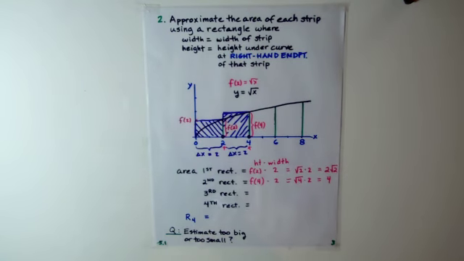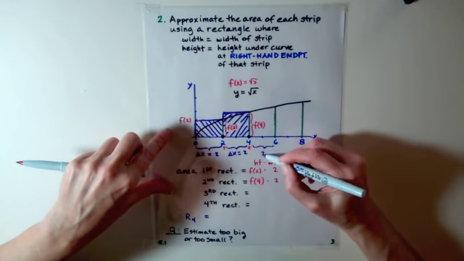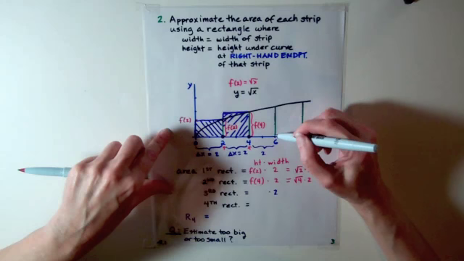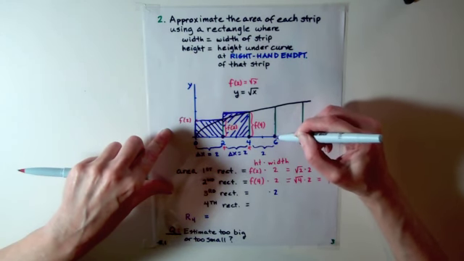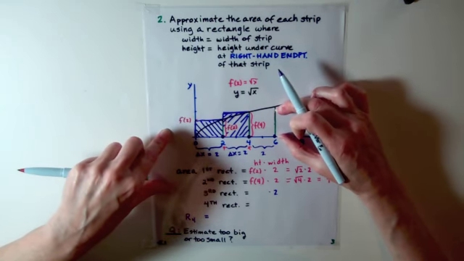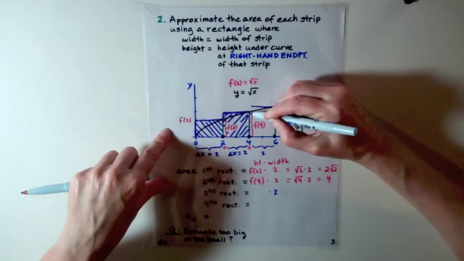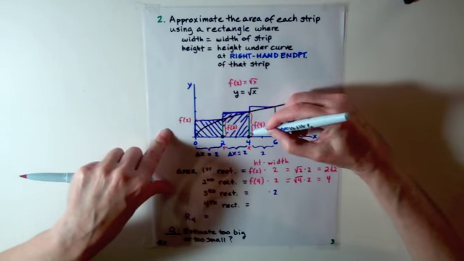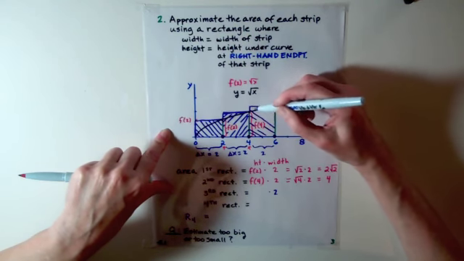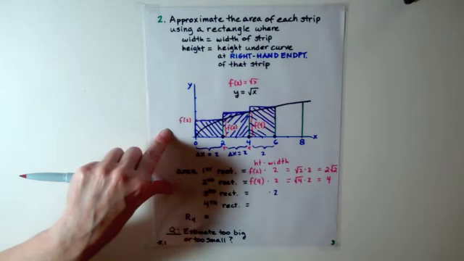And I just repeat this for the last two strips. So for the next strip, I again have a width of 2, and I choose the right-hand endpoint to create the height of my rectangle. So my rectangle is going to have the same height as this green line underneath my curve. And I get a purple rectangle that looks like this. This one actually looks like it's going to be a little better as an approximation because it does not hang over my strip area very much.